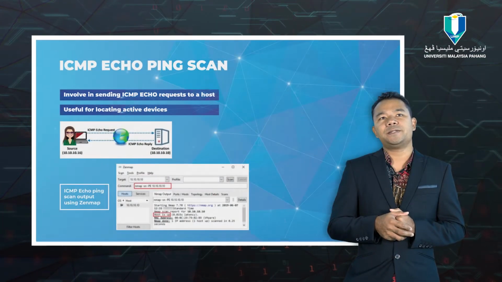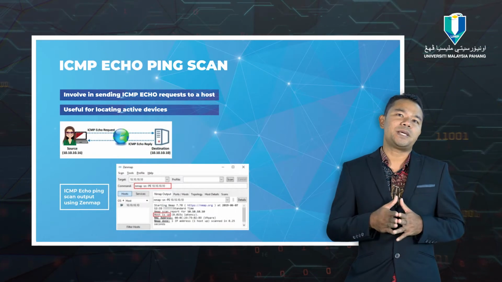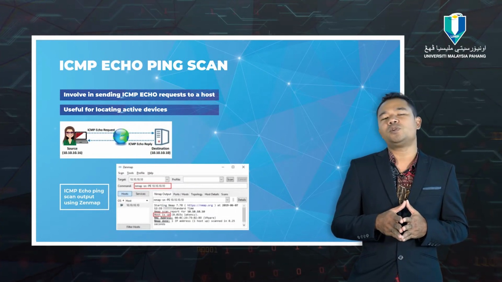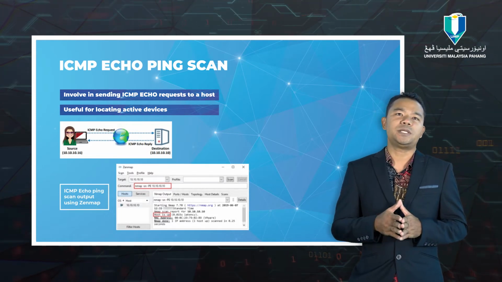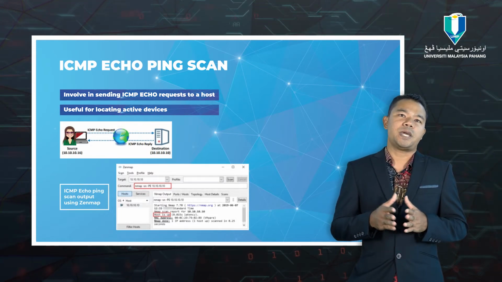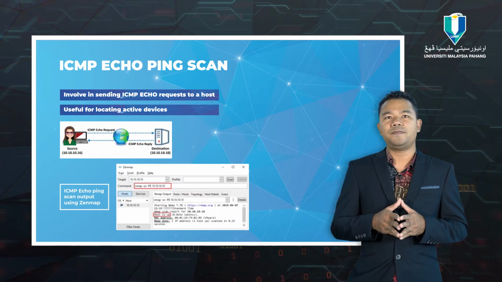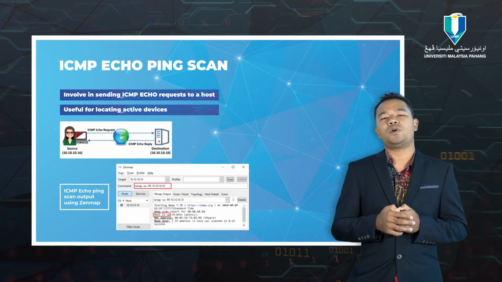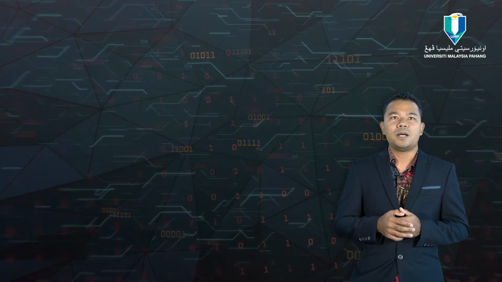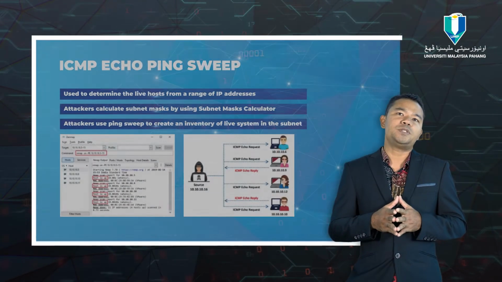ICMP echo ping scan. ICMP echo ping scan involves sending an ICMP echo request to a host. If a host is alive, it will return an ICMP echo reply. This scan is useful for locating active devices or determining if ICMP is passing through a firewall. ICMP echo ping sweep.